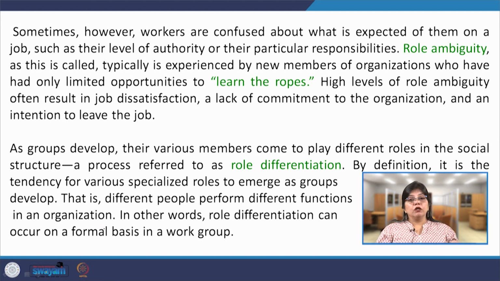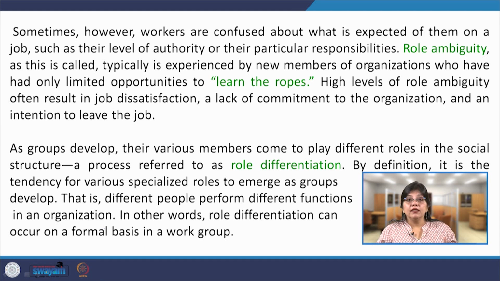Now, when we are talking about roles, role incumbent, role expectations, role ambiguity, then there is another aspect of role which is termed as role differentiation. Role differentiation is the various, different roles that people play in any social structure.